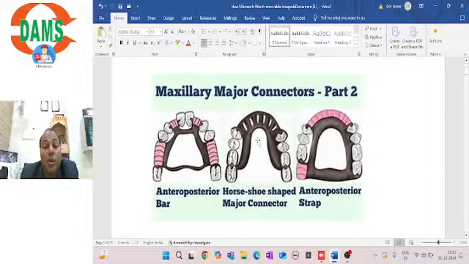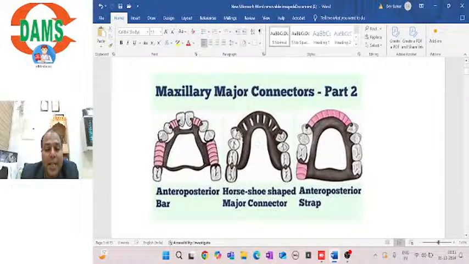Remember, rugae is not a very good area for indirect retention. Why? Because for indirect retention you require hard tissues, for example a flat surface of the teeth, but soft tissues are not considered a very good option for indirect retainer positioning.